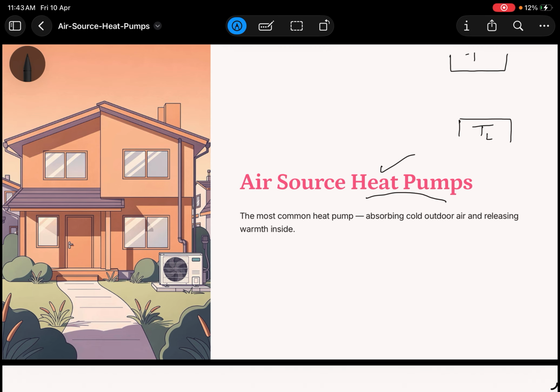Suppose this is the heat pump, HP. It would pump the heat QL from the lower temperature TL to the higher temperature TH, and for that we need to supply some electricity.